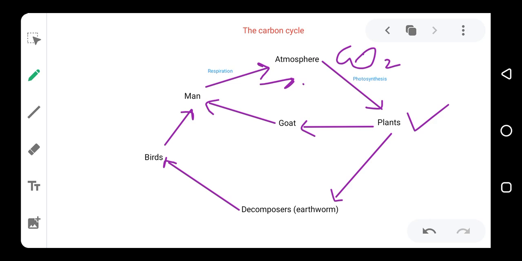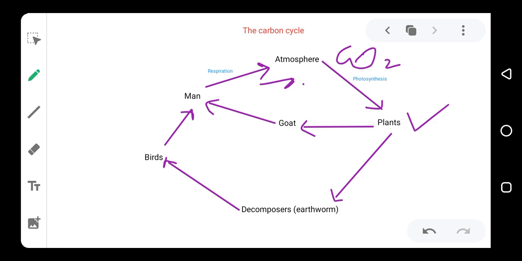And that is why people are advised to plant trees around their house, so that these trees can take up excess carbon dioxide around them, because excess carbon dioxide is not good for our body.